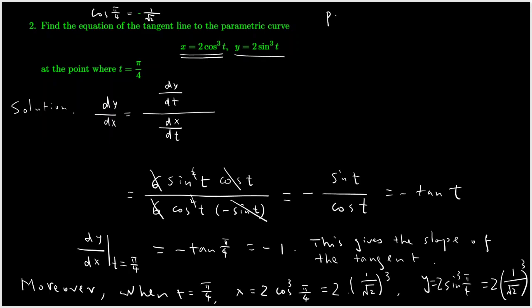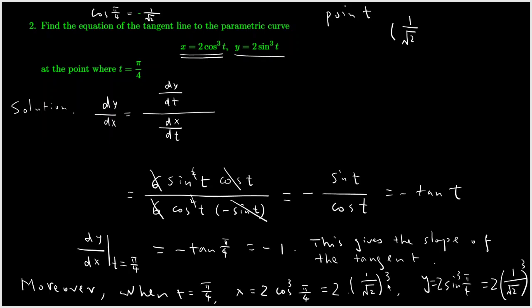So the point on the curve determined by t value of pi over 4 is the point with x coordinate. I will try to simplify a little bit, okay? So this thing cubed, you multiply the same thing 3 times. If I'm right, the x coordinate of the point is 1 over square root of 2.